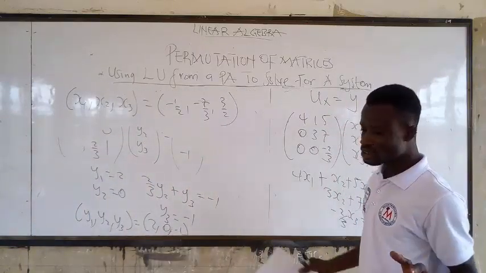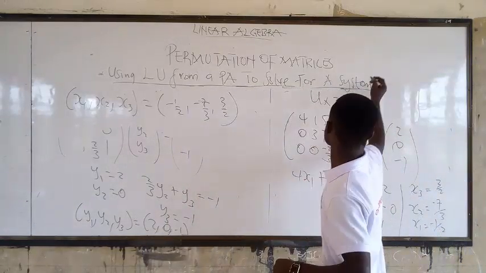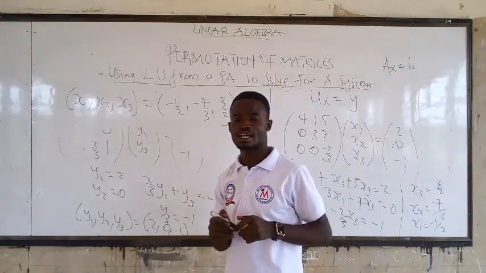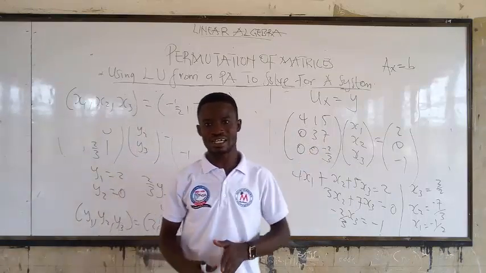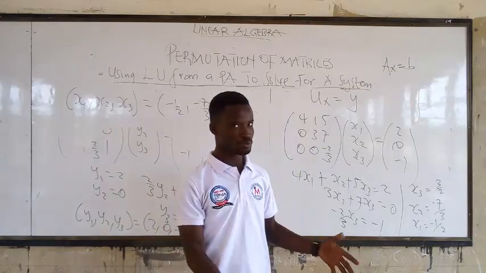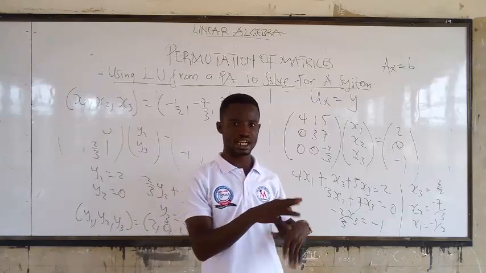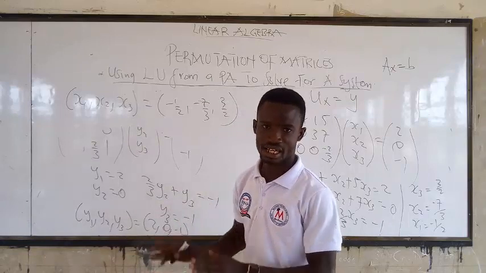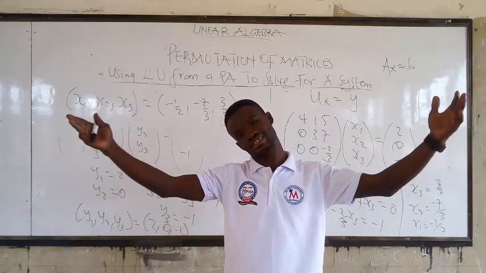So now you know how to solve a system of equations, which is AX is equal to B, in LU and in PA. So what the question is given to you will depend on how the person will quote it. If the question says you have to use LU factorization, go by that. If you have to use PA, go by that. In all, you get the same results.